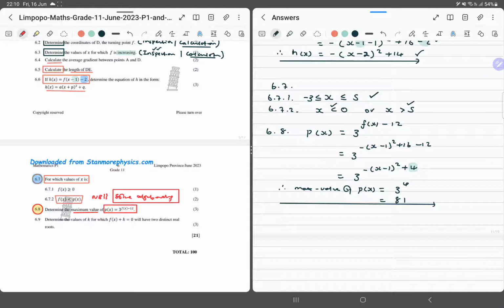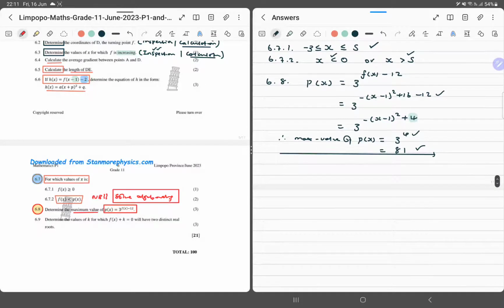How many marks are we scoring there? 3 marks. So what is important, essentially, is this substitution right here. That matters. And then to recognize that that maximum value needs to come out and be the answer. So that is what is important here.